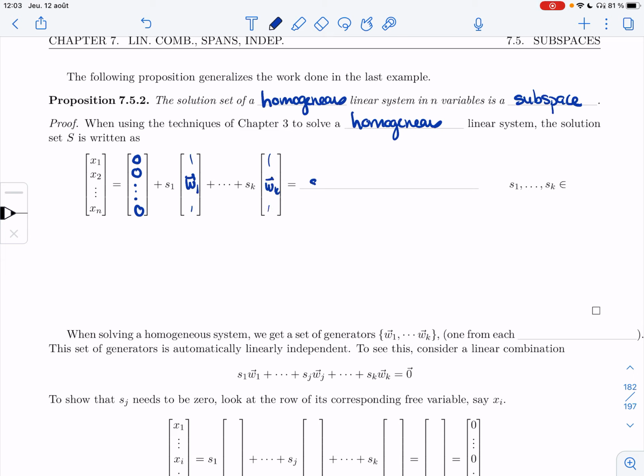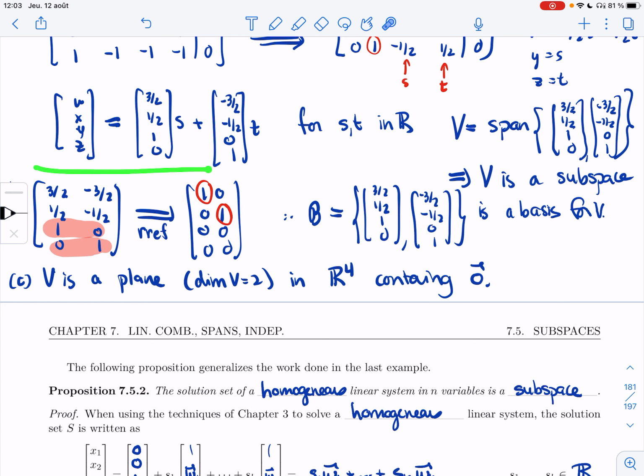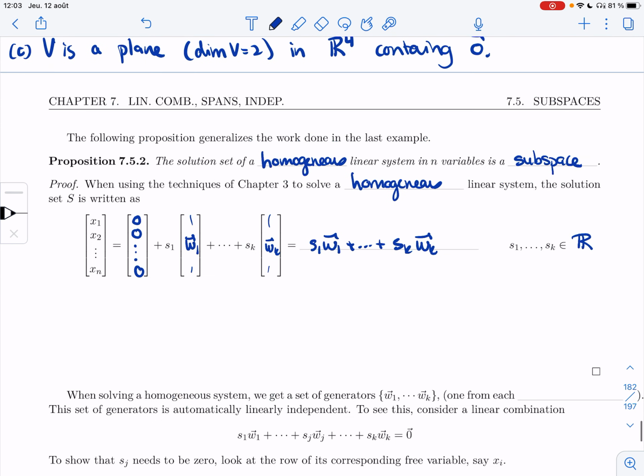If we simplify this, we don't actually need the 0, and what we get is simply a linear combination like this for all s1, ..., sk in R. That means the solution set is the span of these vectors, w1 through wk, and so it is a subspace.